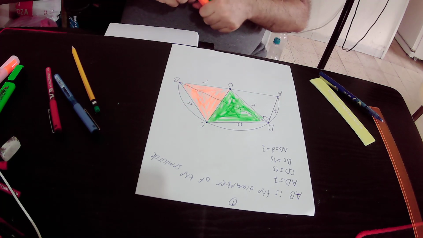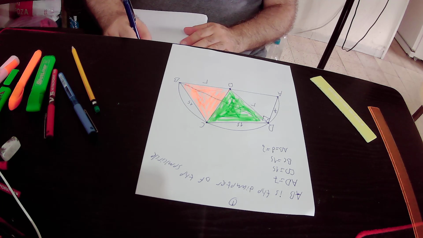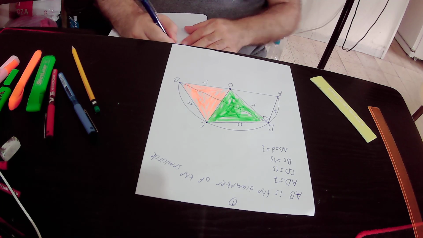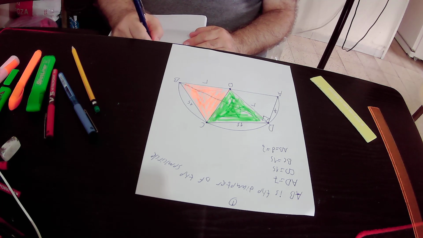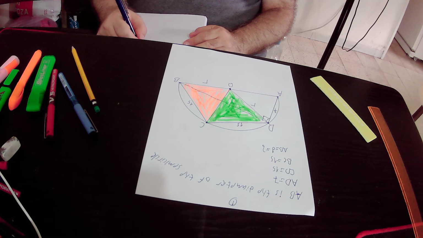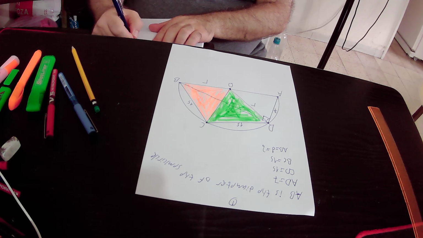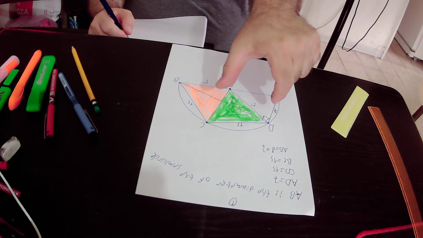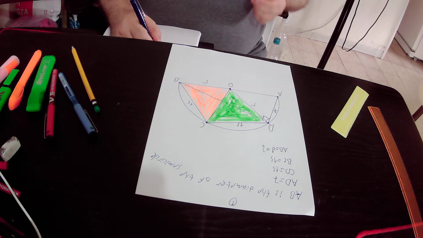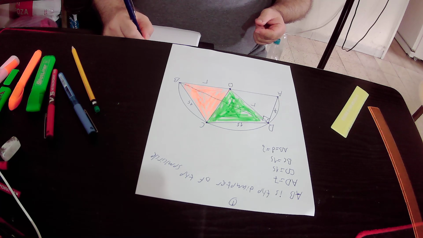So actually in triangles OCD, the green triangle, and triangle OCB, the orange triangle, side DC of the green triangle equals side CB of the orange triangle.